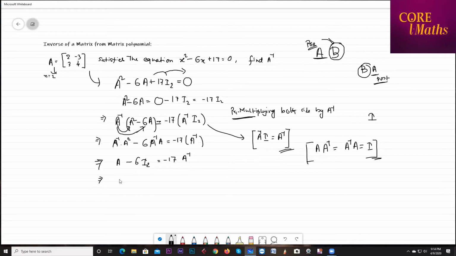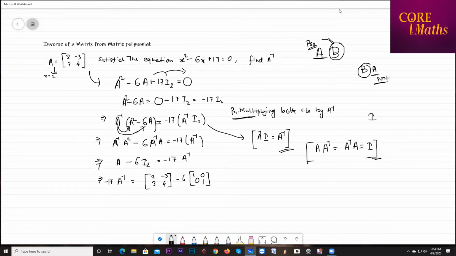So if we exchange the sides, then write A, 2 minus 3, 3 4, minus 6 into 1 0 0 1, because minus 6 is multiplied with this identity matrix, right?